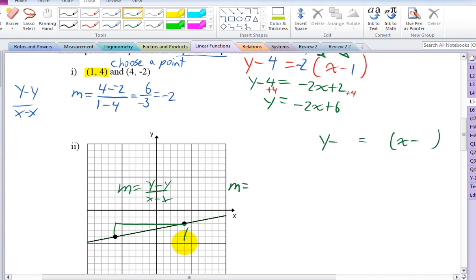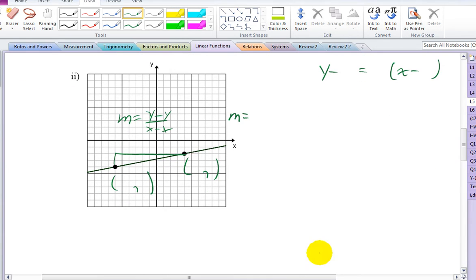I also want you to tell me the x and y value of each point.